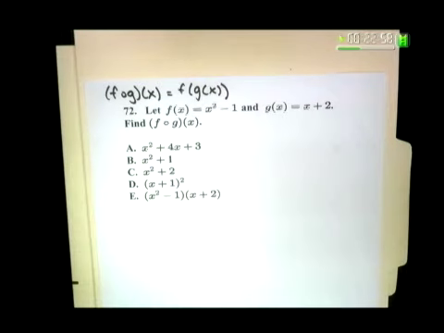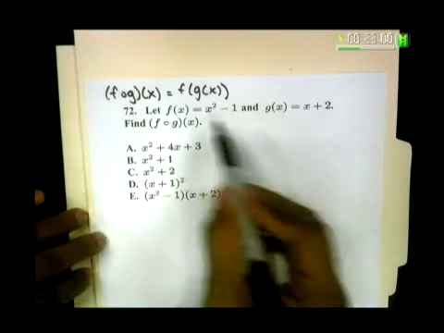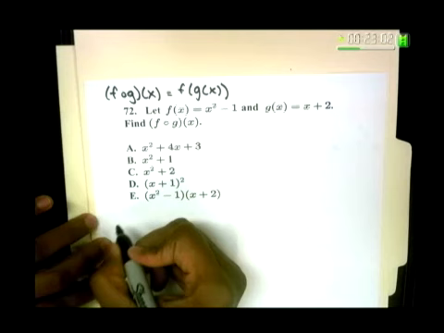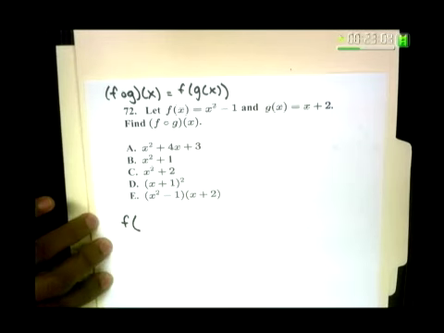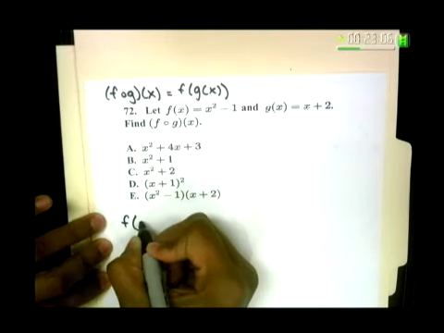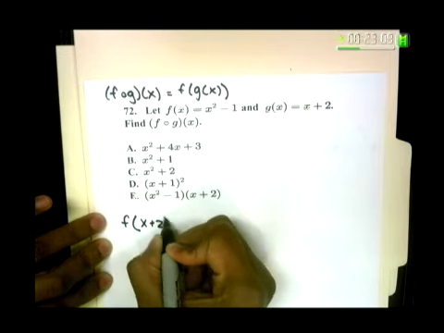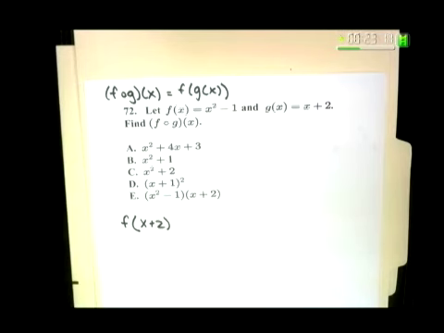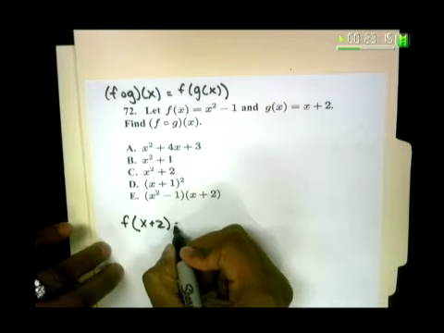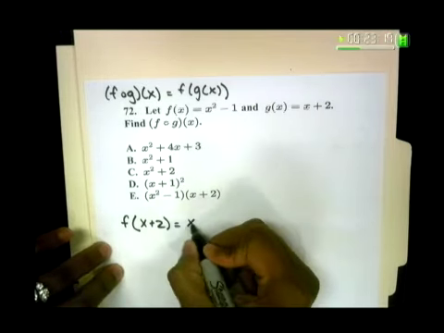In this case, I have x squared minus 1 as f of x, and g of x is x plus 2. So I'm going to evaluate the function f at g of x, which is x plus 2. What that's going to be equal to is now I replace x with x plus 2.